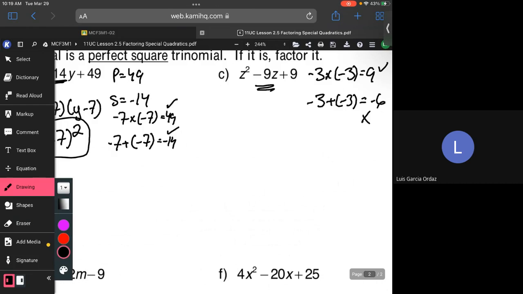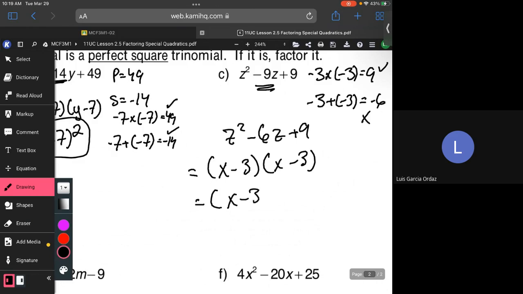It would have to be z squared minus 6z plus 9. That way it would be z minus 3 times z minus 3, or z minus 3 squared. So this one will only work if my middle term is negative 6z. Other than that, if we have negative 9z, it doesn't work ever.